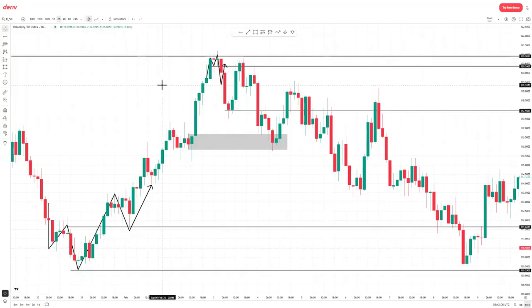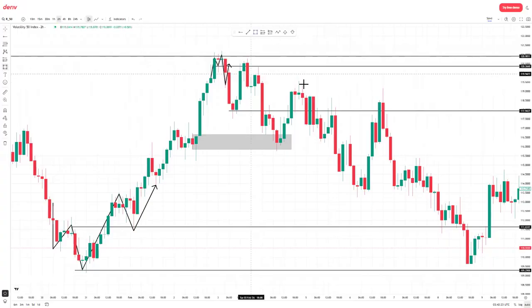We have a continuation pattern that will cause the market to push a little bit up before it goes down. If you look closer, this is your continuation pattern here, where the market actually turned.